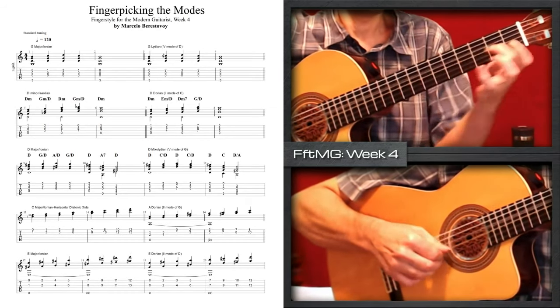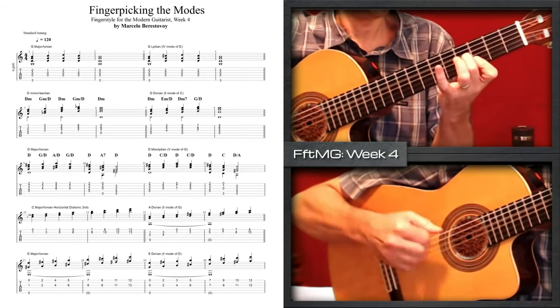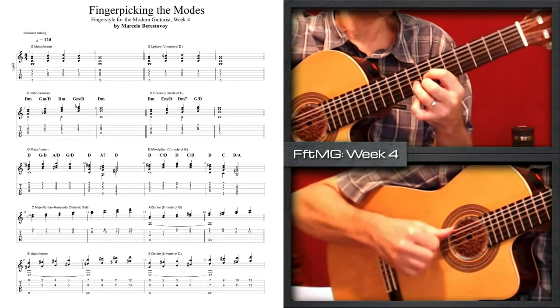Or that one. You can make a minor 7, D minor 7. Then just play the F triad and G triad and F triad and a G triad.